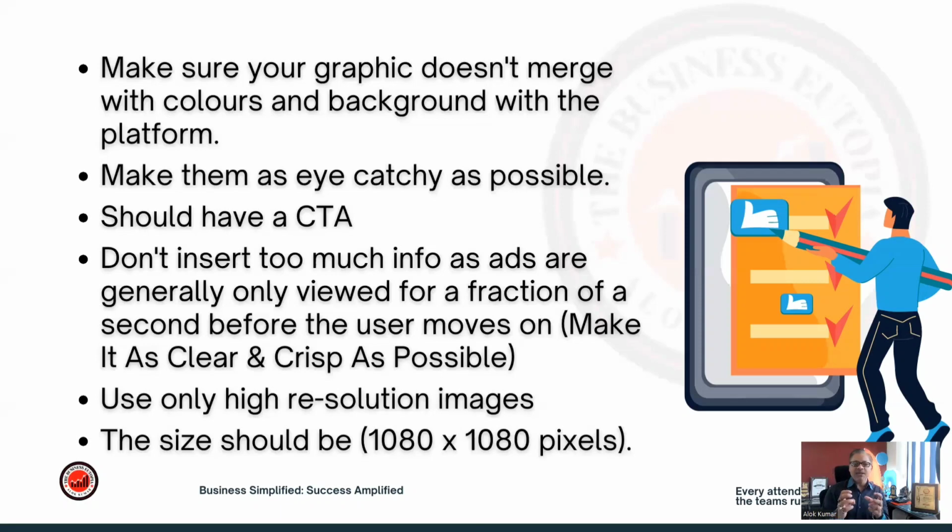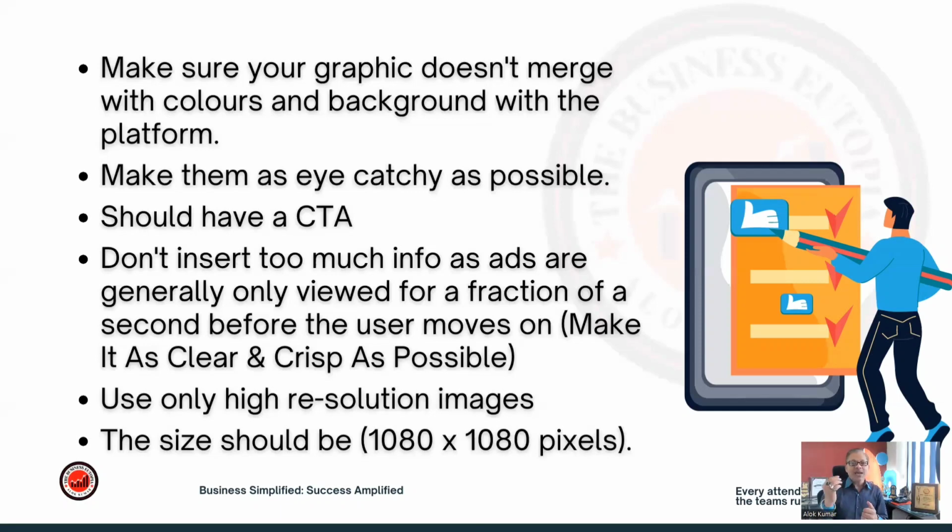Your graphic should not merge with the colors in the background, and that is very important. Since we are all human beings and love to see things which are visually appealing, you have to make this as catchy as possible.